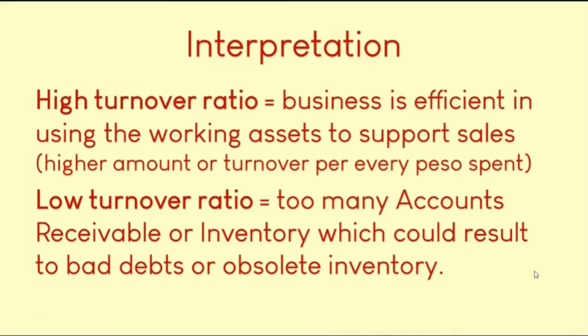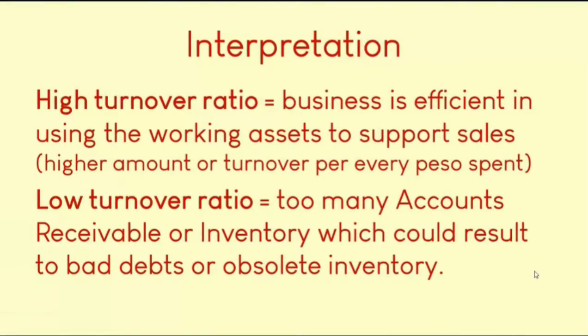So again, the ideal working capital turnover is 1.5 to 2. A low turnover ratio, which is less than 1, would mean that we have problems with our liquidity and we cannot meet short-term obligations and the requirements of the cost of production.